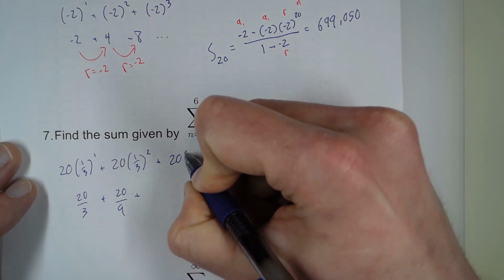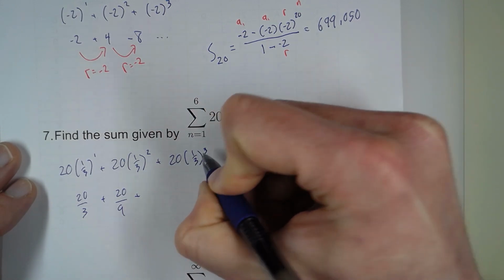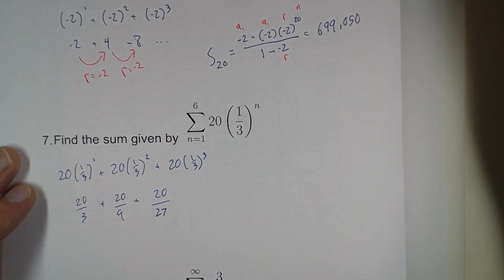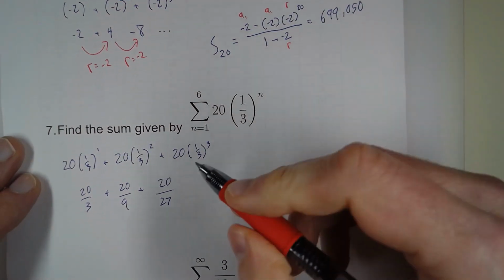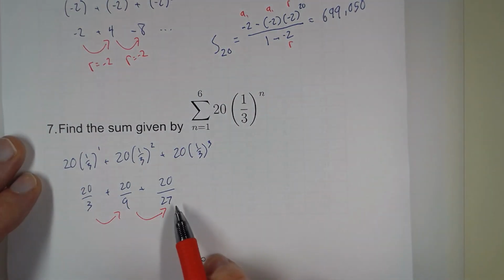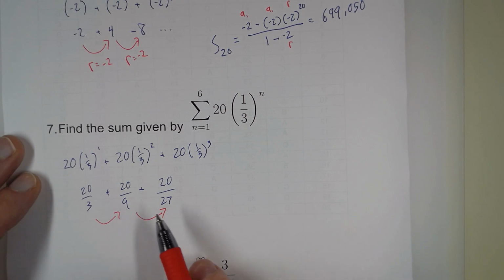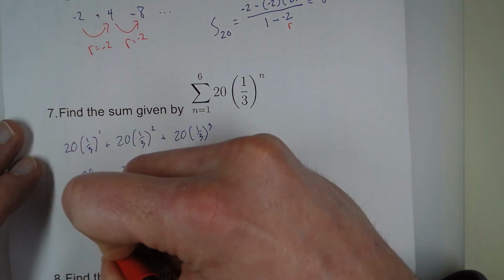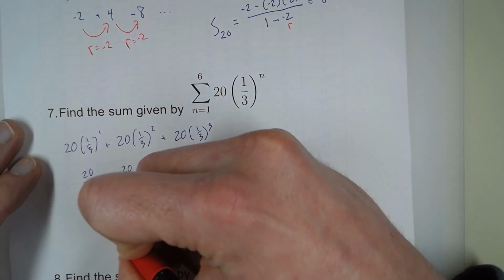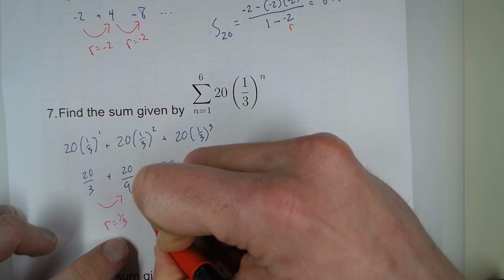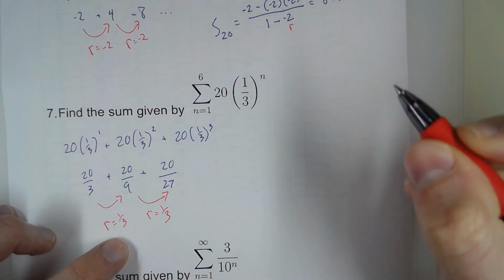And then we have 20 times 1/3 cubed, so that's 20 over 27. And so when people see this, they often confuse the fact that we're not multiplying by 3, but we are in the denominator. So what that means is the denominator is getting multiplied by 3. So we're multiplying by 1 over 3. That's what's going to cause the denominator to get bigger.